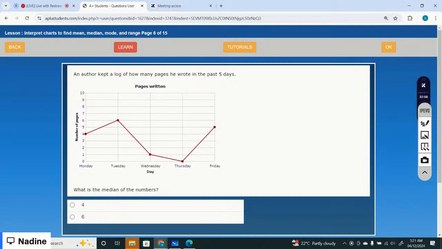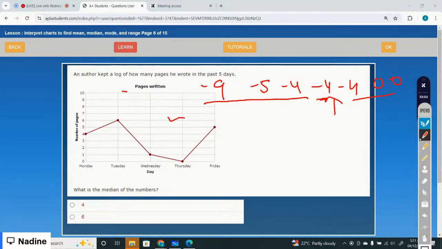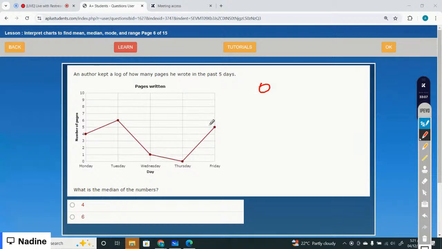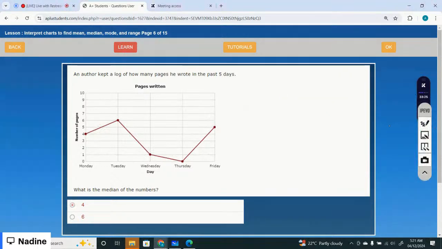So let's just arrange them from least to greatest, right? 0, 1, 4, 5, and 6. So the median is 4. The correct option is 4. Option number 1 is the correct option.